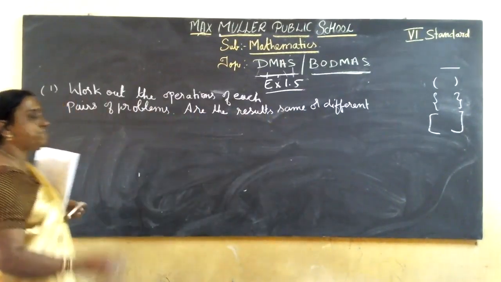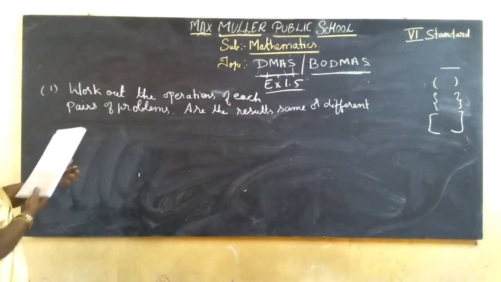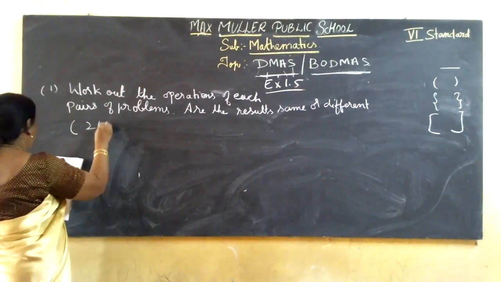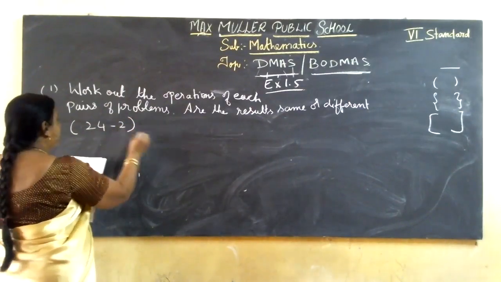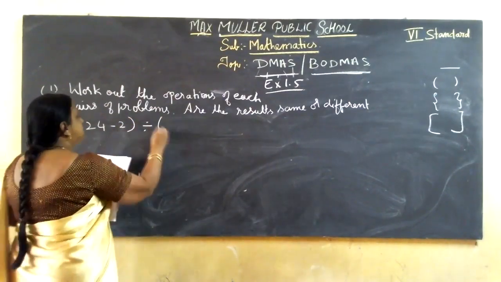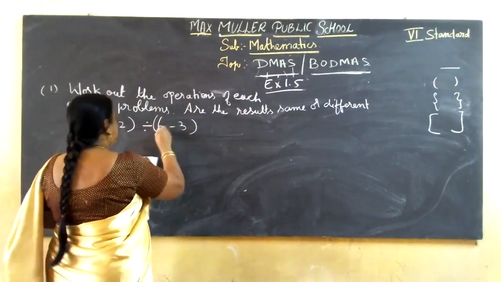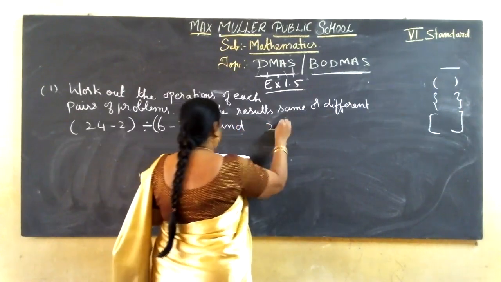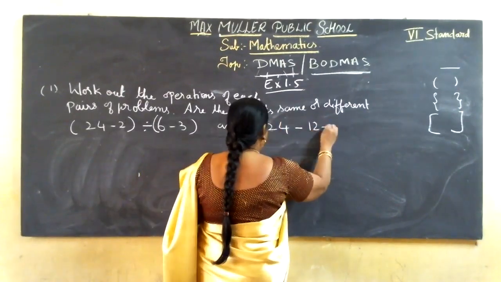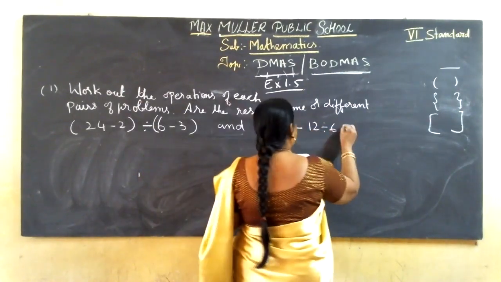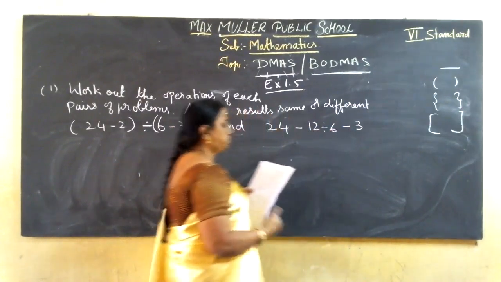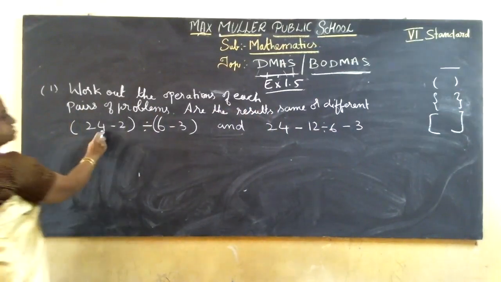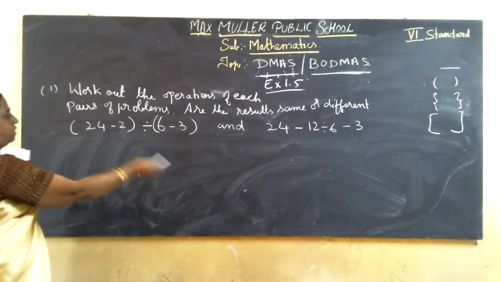Copying you can do afterwards, you will get notes. So now next question: open the bracket 24 minus 12 close the bracket, divided by 6 minus 3, and this side 24 minus 12 divided by 6 minus 3. So this is the question. We'll solve and we'll see. Here brackets are present, here brackets are not there.